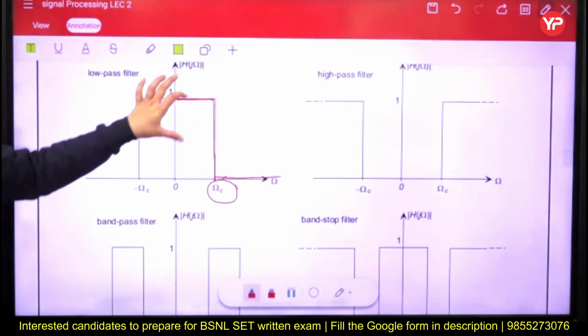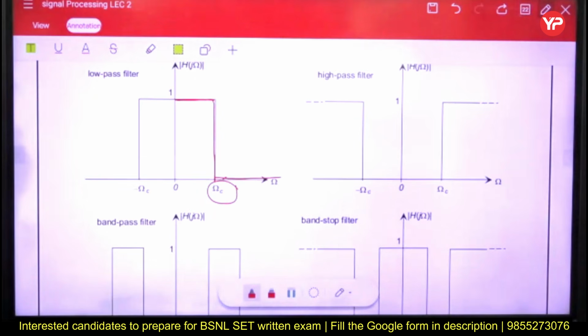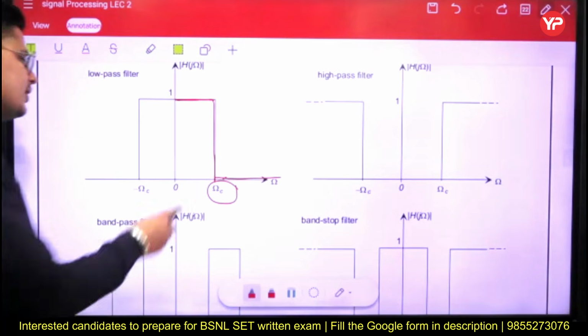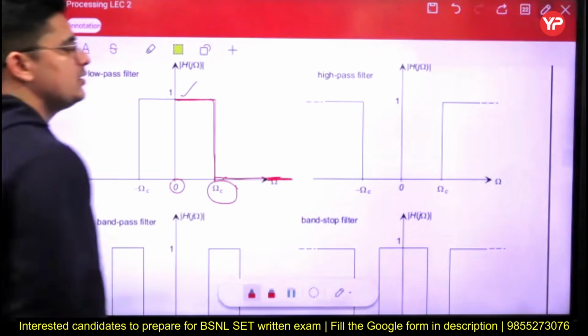If you see the H of omega spectrum like this in the frequency domain, it means this is a low pass filter. At zero frequency its gain is 1, at infinite frequency its gain is 0.